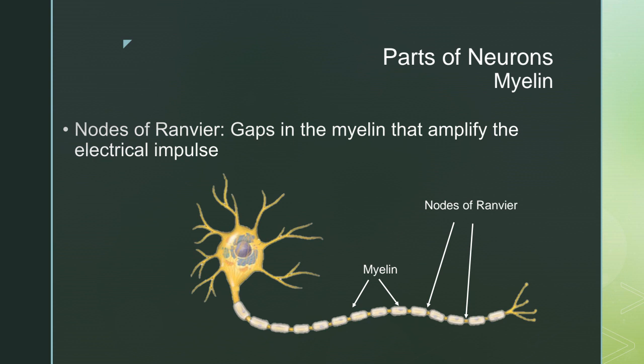You can think about it like hopping from point to point to point, getting you there faster than walking step by step by step. So those nodes of Ranvier work in the same way, allowing that signal to hop from segment to segment to segment instead of having to travel down the whole thing.